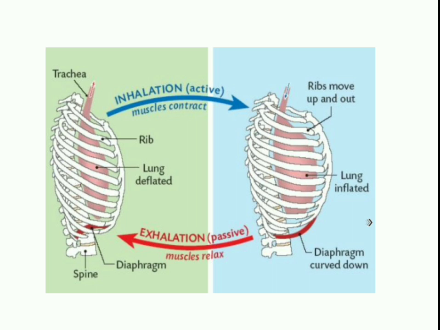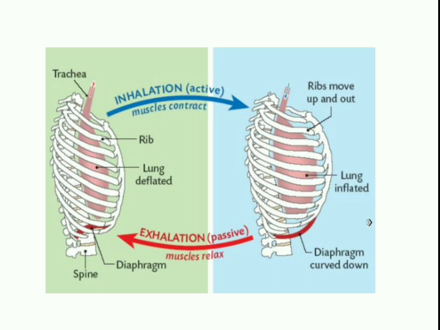So here it won't only involve lungs. There will be supporting muscles also, like the intercostal muscles as well as the diaphragm, which help in inhalation and exhalation, allowing muscles to contract and relax.